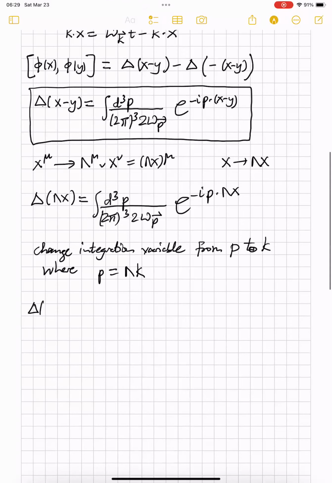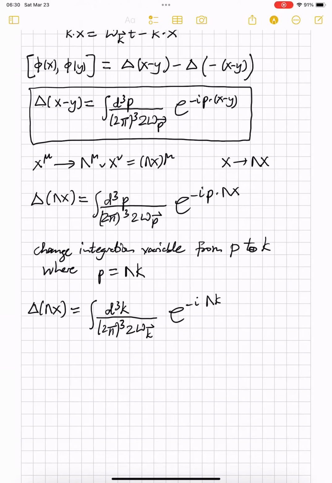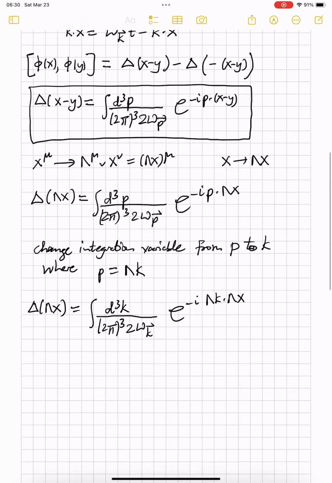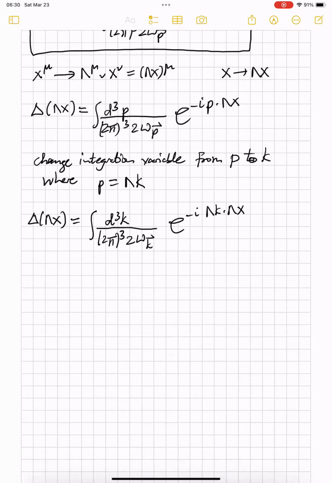And if you do this, what will you find? Well, first of all, because p and k are related by a Lorentz transformation, you know that the measure will be completely unchanged. We have verified that. So the measure stays unchanged. And here we would have e^(-i Λk·Λx). But remember that 4-vectors are invariant under Lorentz transformations.